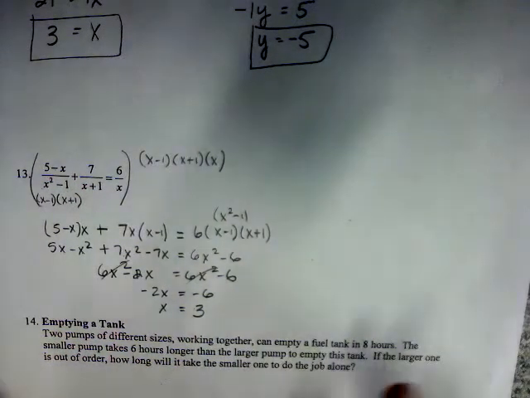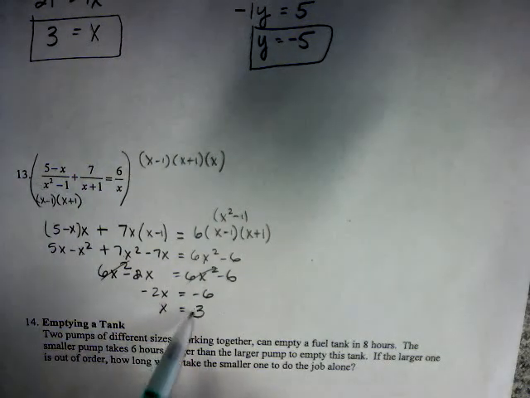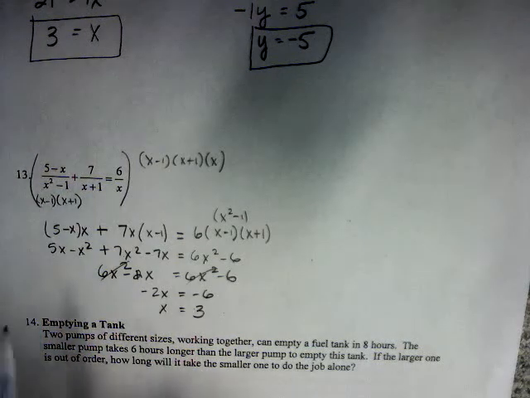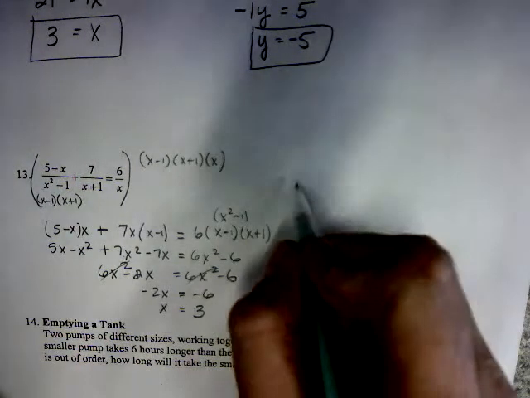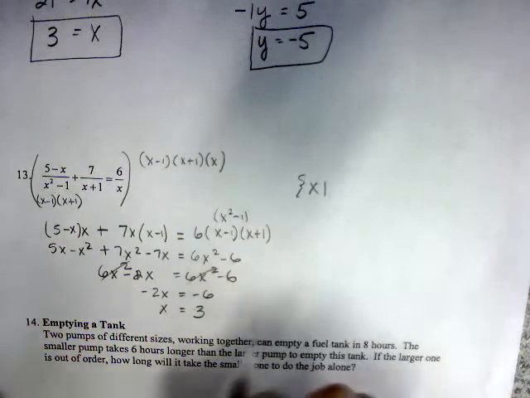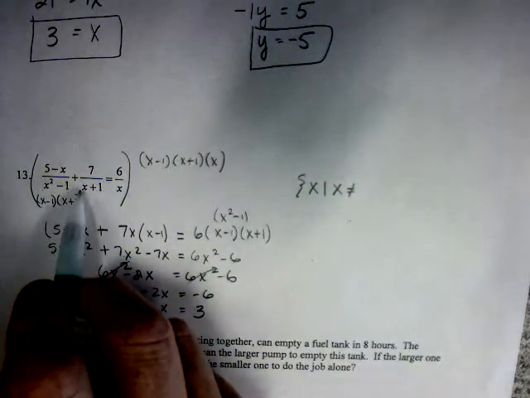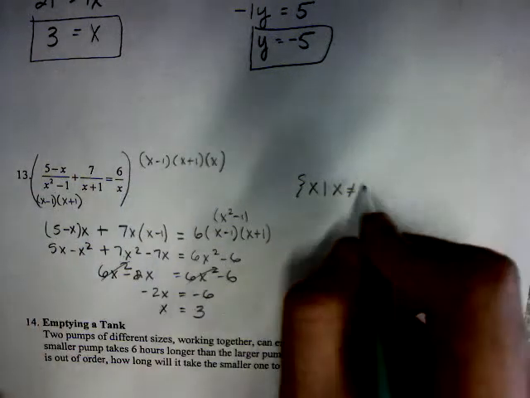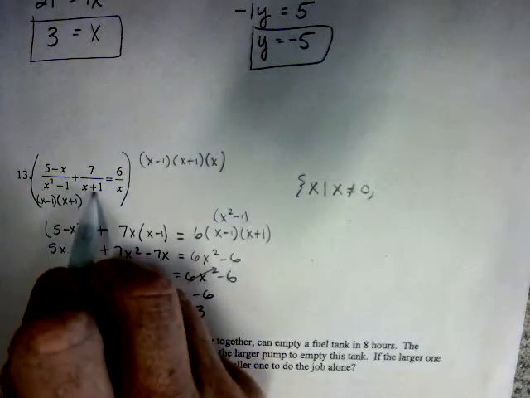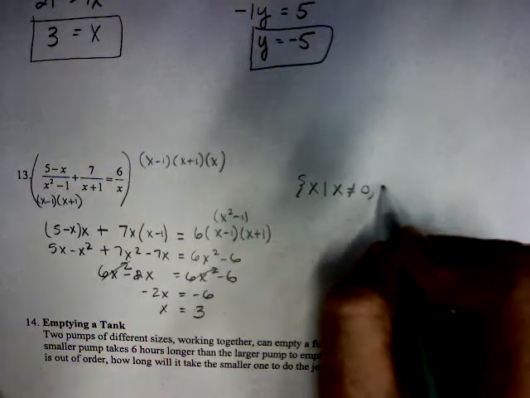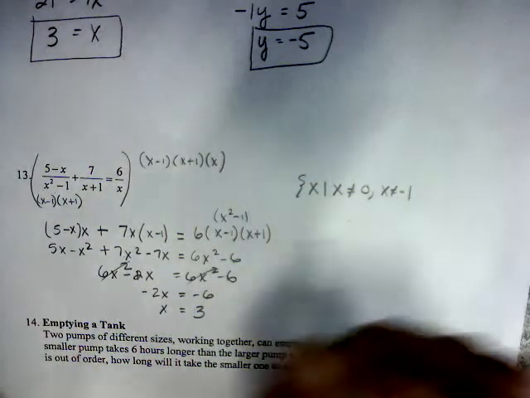We have to have the restrictions so that nothing that we substitute in for our answer will give us 0 in the denominator. So let's set our domain. x cannot equal, right here, 0. What makes this denominator 0 is negative 1, so x can't equal negative 1.